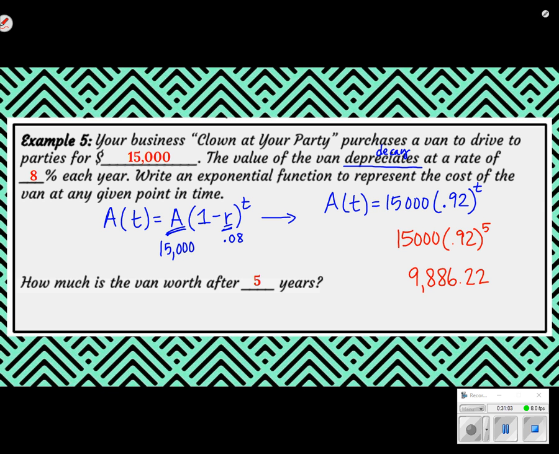We want the nearest penny. $9,886.22. That's how much our van is worth after 5 years of depreciating value.